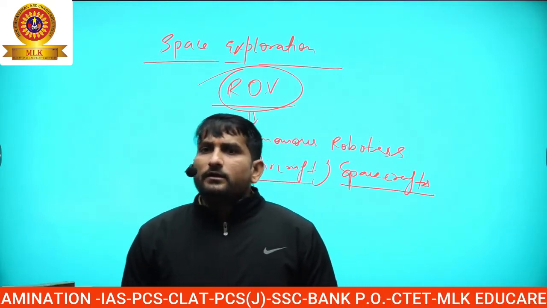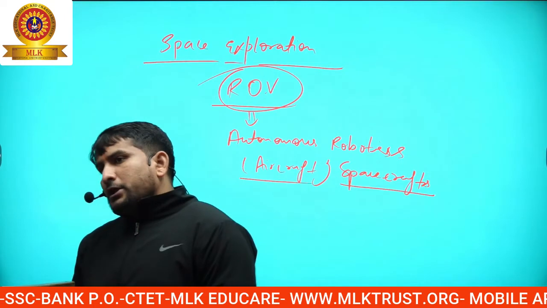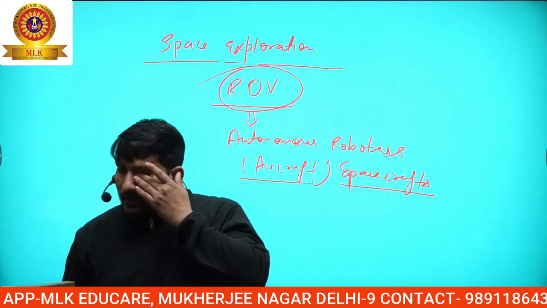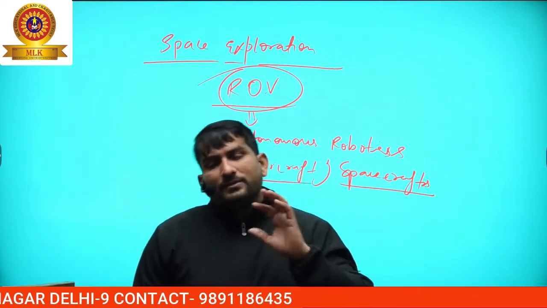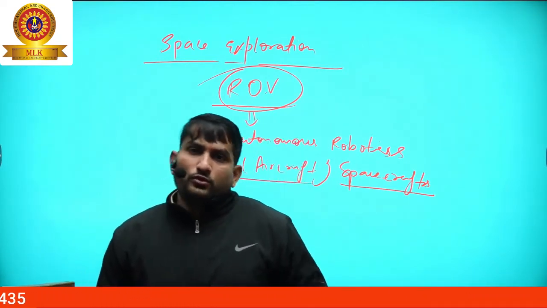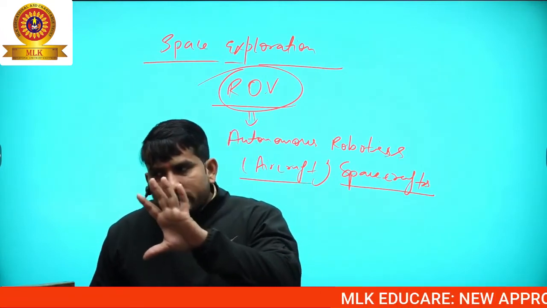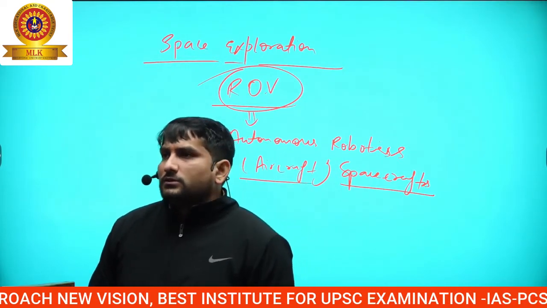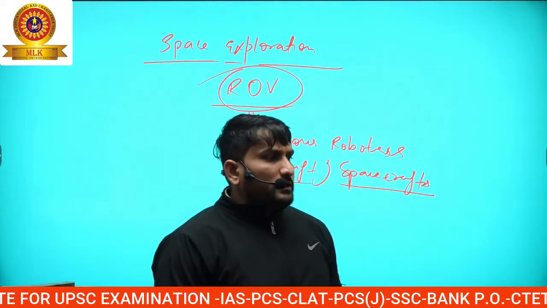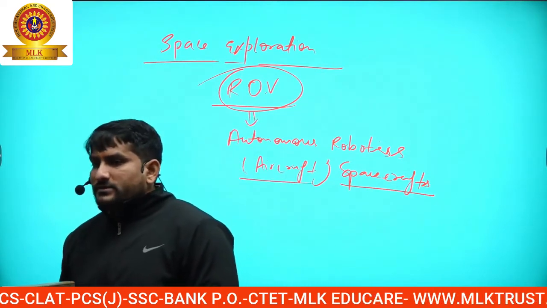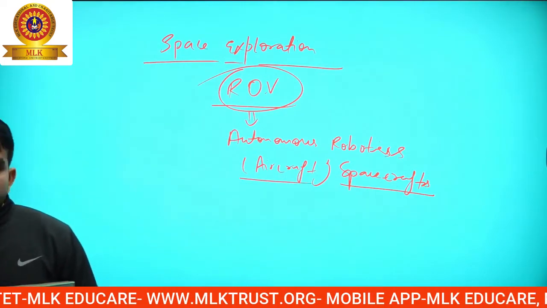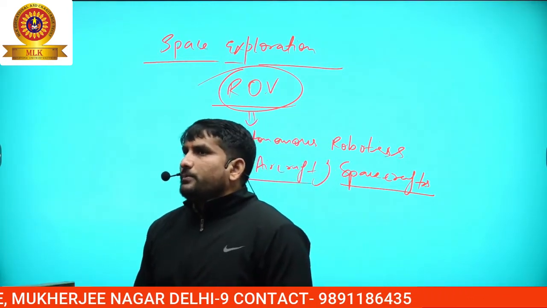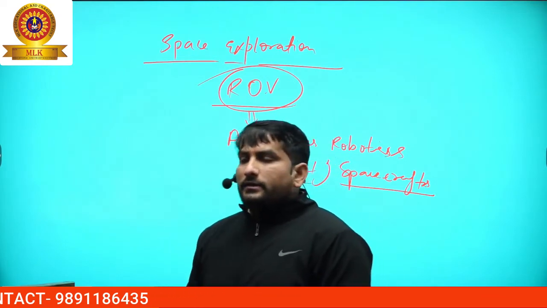Even today the orbiter of Chandrayaan is providing us images of the moon. What are the functions of the lander? You see the applications of robots. The rover is actually designed for travelling on the surface of the moon and providing information regarding it. So we can say that robotics is used in the development of the orbiter, lander and rover.